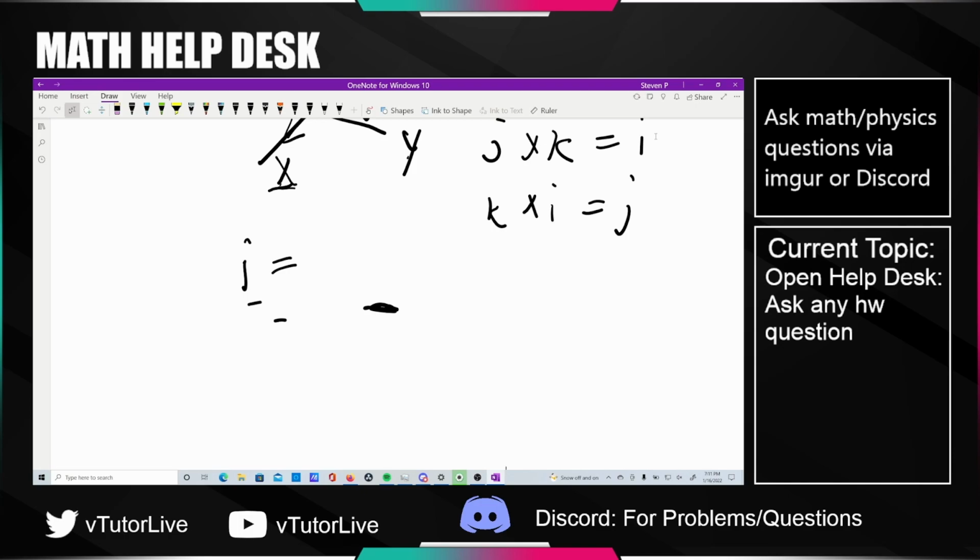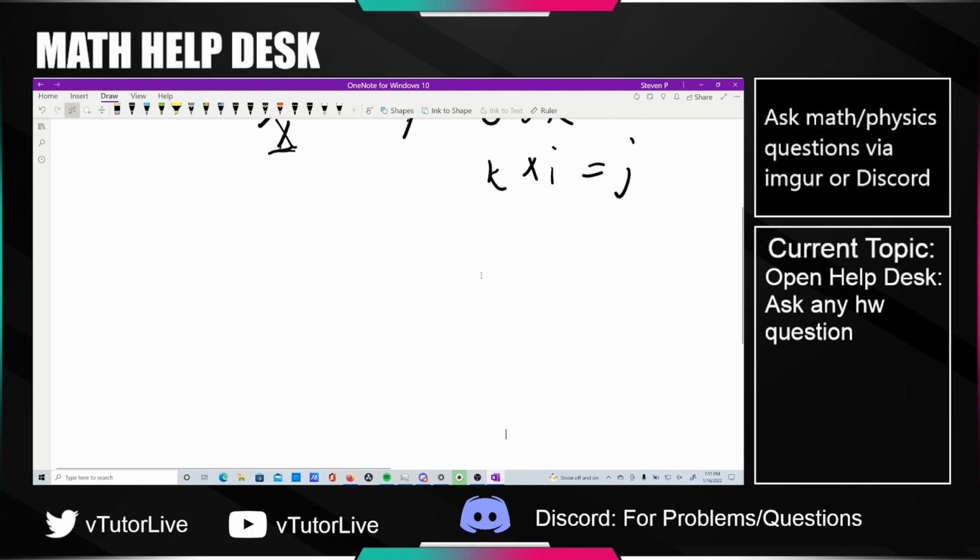So instead of that, there are some other properties that we want to talk about. The cross product, unless I'm severely misremembering, still has some, but not all, of the basic properties of multiplication that you're familiar with from elementary and high school.